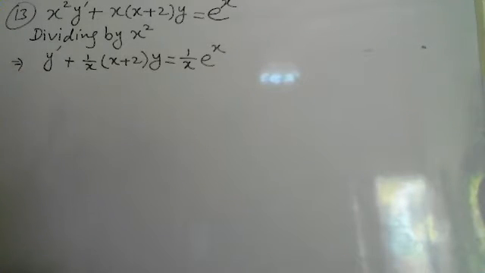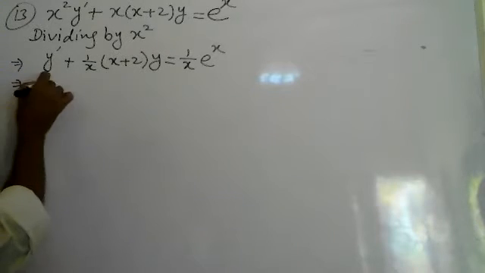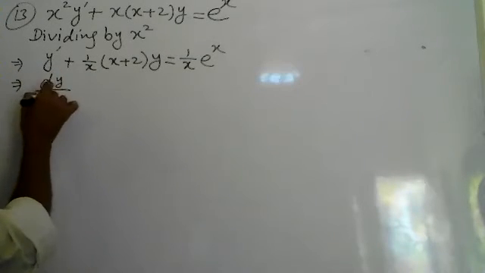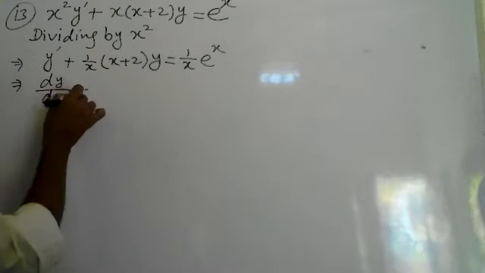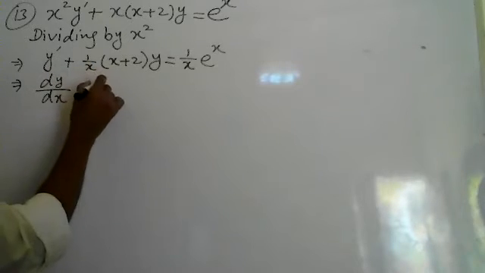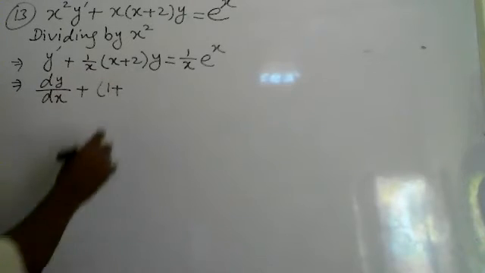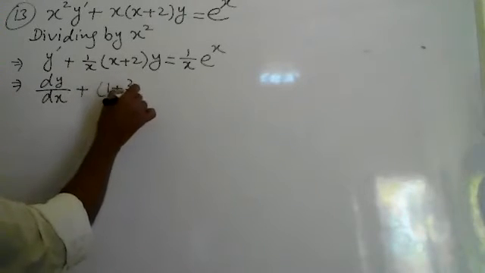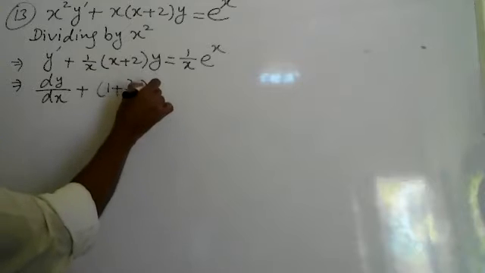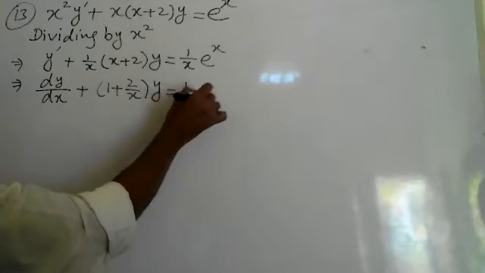Now convert y dash to dy upon dx. Plus, multiply by x: 1 over x into x will be 1, 1 over x into 2 will be 2 upon x, into y. This is 1 over x e raised to power x.